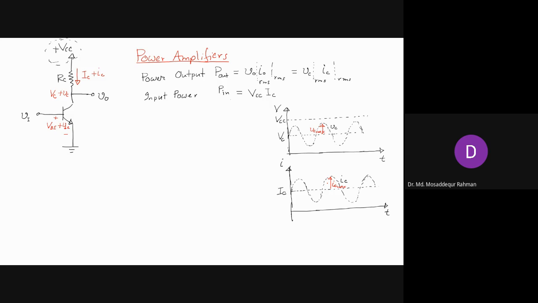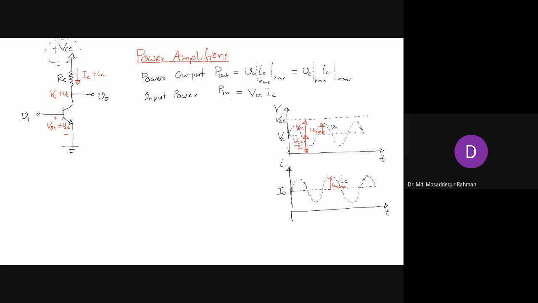Now from the diagram, as you can see, if VC is at the middle, we can say that this is VCC by 2.